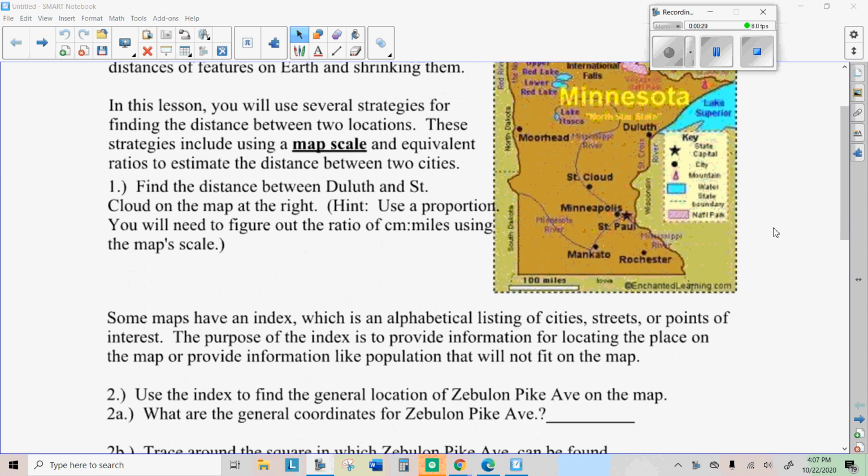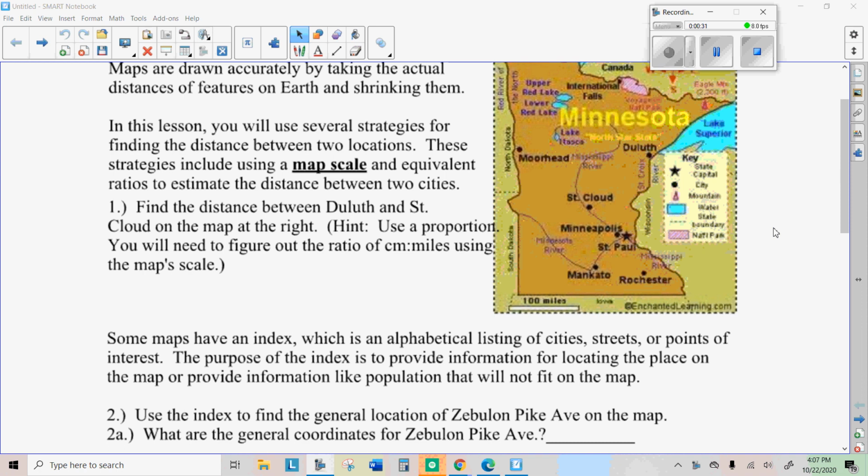Okay, so the first thing I did for this map is I want to know right here how many inches or centimeters. I'm going to use centimeters just because I think it's going to be a little more accurate. So I took my ruler and I measured this, and I found that the length of this is about 1.7 centimeters.